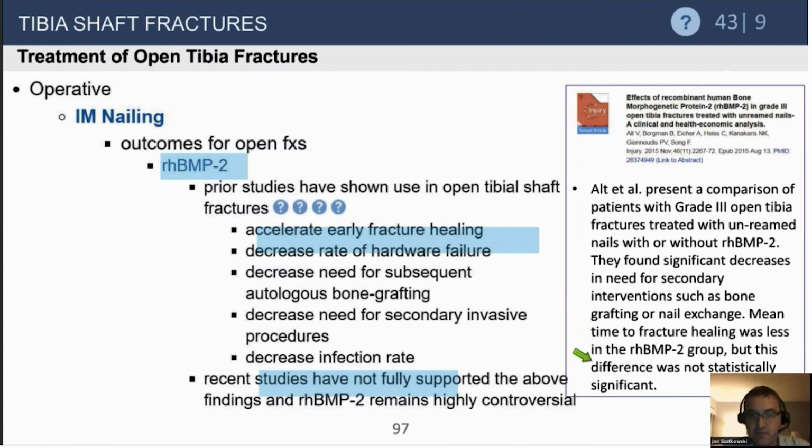So was it the BMP-2? Was it something else? Some of these studies have been called into question. Once again, BMP-2 has been shown to work. How effective, we don't necessarily know, but it is useful, and many times it is used off-label for many non-unions as well.